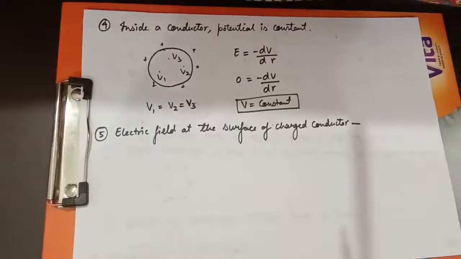Next is electric field at the surface of a charged conductor. As you know, electric field inside the charged conductor is 0. So here I am talking about the electric field just outside the conductor. As you know, the electric field is just normal to the surface.